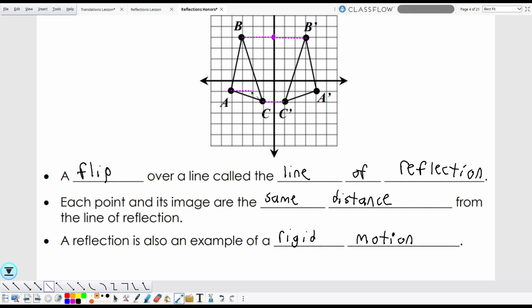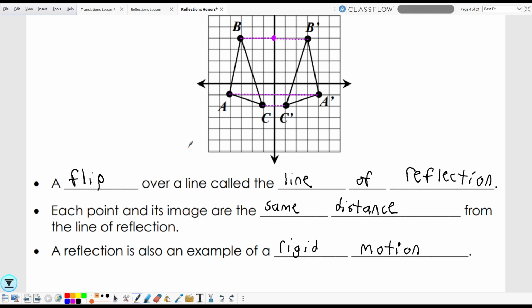A is 1, 2, 3, 4 away, and A prime is 1, 2, 3, 4 away. So that's what it's talking about. Basically, your line of reflection is bisecting the lines that connect each pre-image point to its image point.